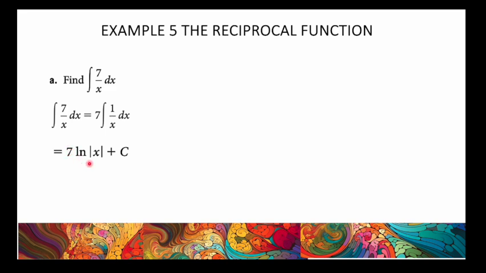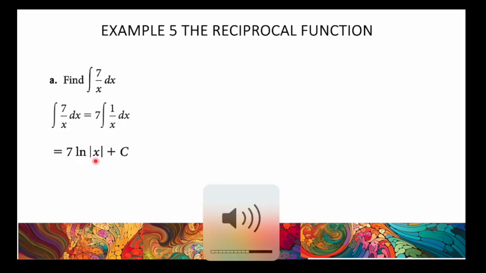Now it's really important to put absolute values around the x for the natural log, unless we know for sure that they're all positive numbers. Because if you think back to your algebra class, the way that the graph of the natural log looks, there are no values in the domain for that function like 0 or negative.